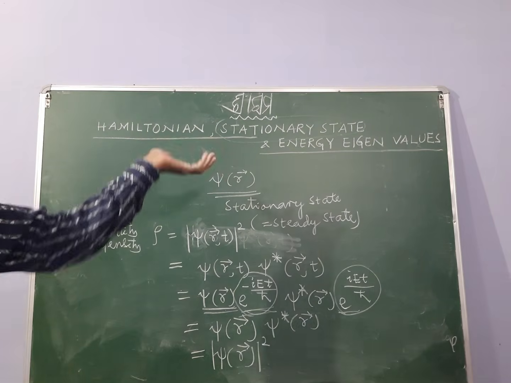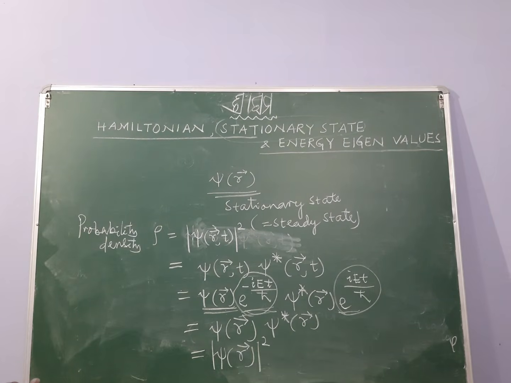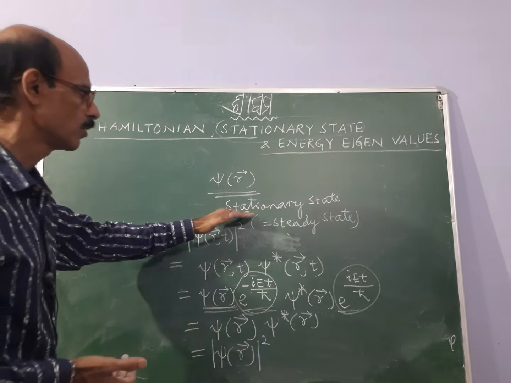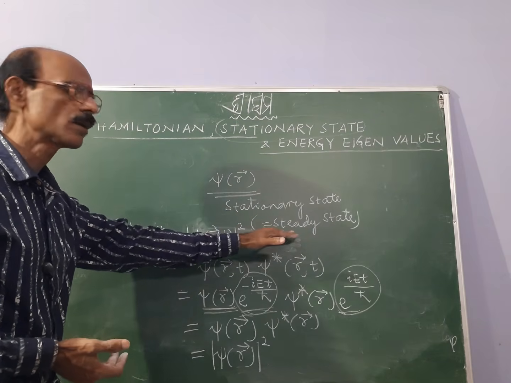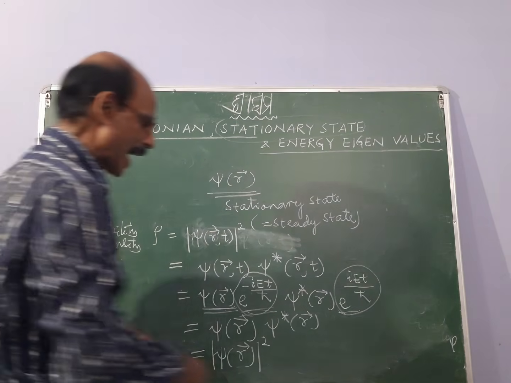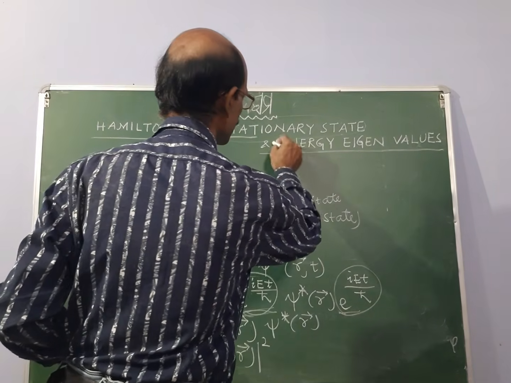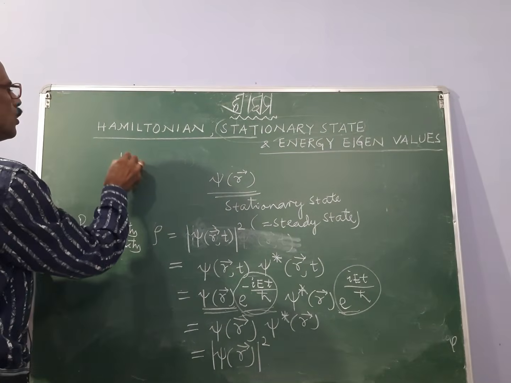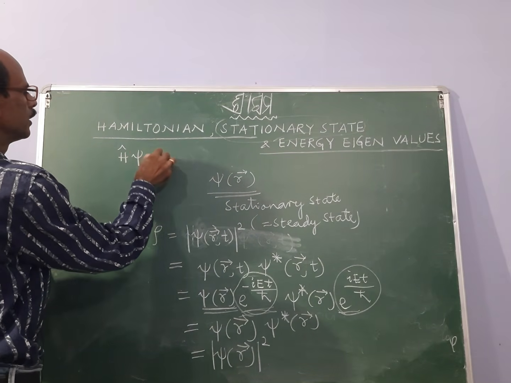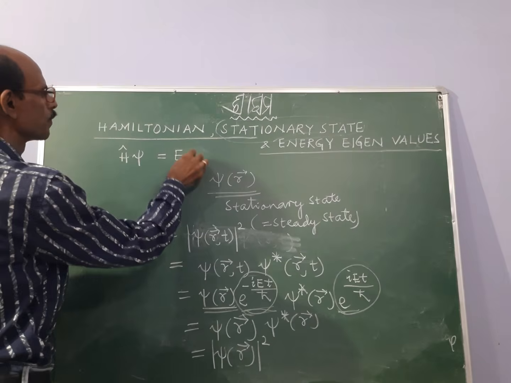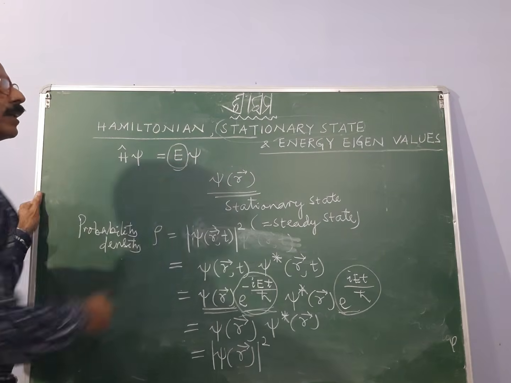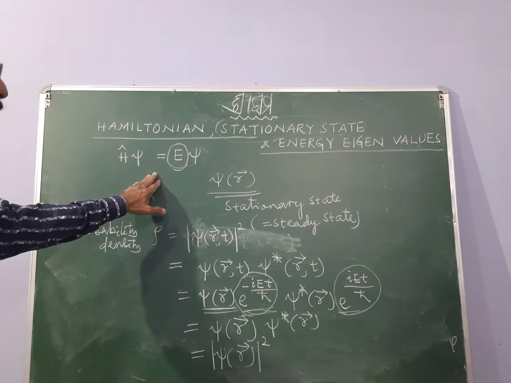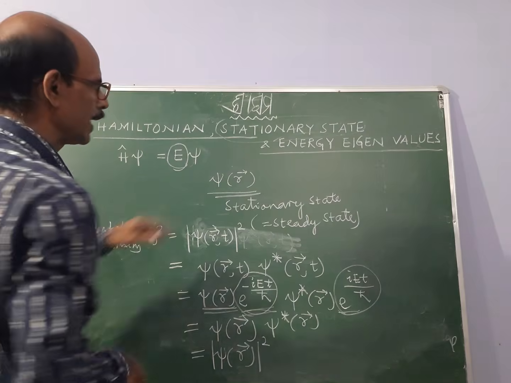And the Schrödinger equation which is time independent is called the stationary state equation or steady state equation. And for the energy eigenvalue, here we have H psi is equal to E psi. Here E is the energy eigenvalue. So what is the energy eigenvalue?